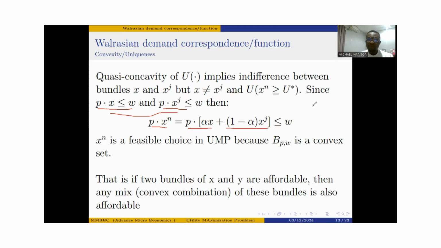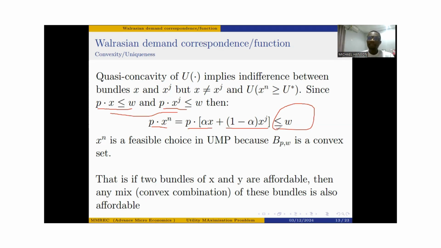And that should also be less than your total wealth. Okay, now if bundle A is, let's say, 6 cedis, bundle B is, say, 8 cedis, and you have 20 cedis, what does it mean? It means you can pick part of A, part of B. So part of 6, let's say 3 cedis, part of B, let's say 4 cedis, and that should be 7 cedis. 7 cedis is also less than your total wealth, 20 cedis.